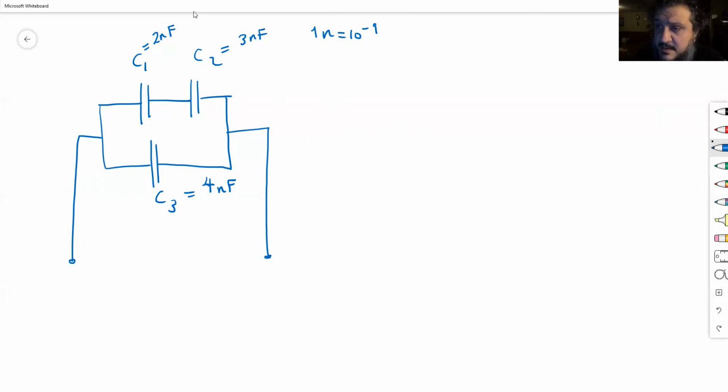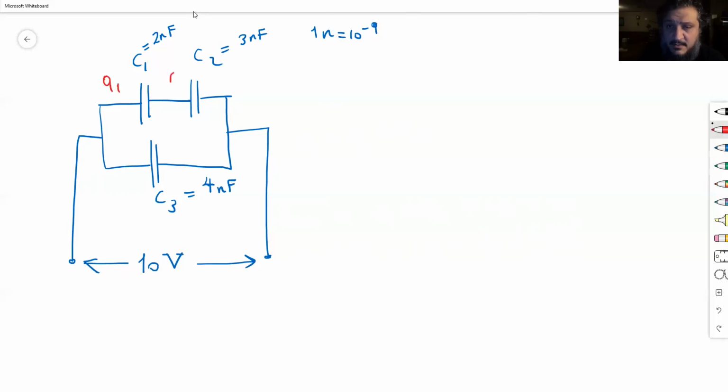In practical applications, it's picofarads, nanofarads, really small values. So, what will be the equivalent capacitance of this system? And if I held this at, let's say, 10 volts apart, what will be the charge on each capacitor?